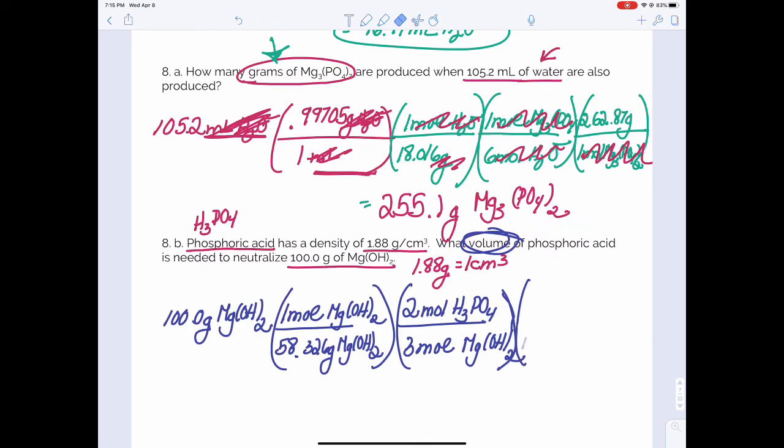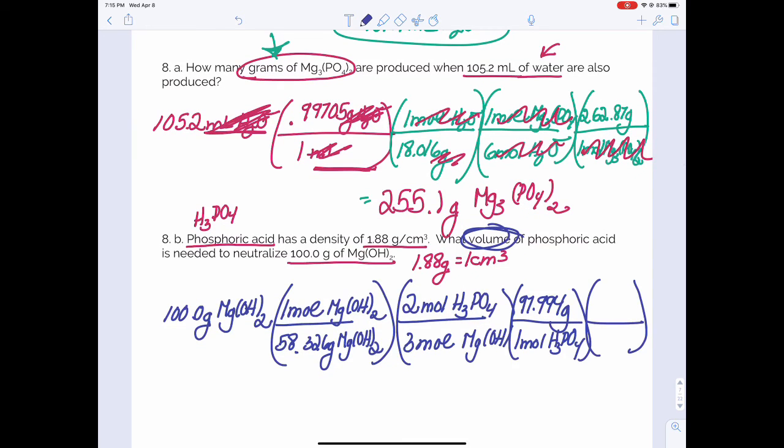What we need to do here is 2 parentheses. So the first thing I'm going to do is convert to grams. So 1 mole of H3PO4, and then the molar mass, 97.994 grams. Now I use the density, right?